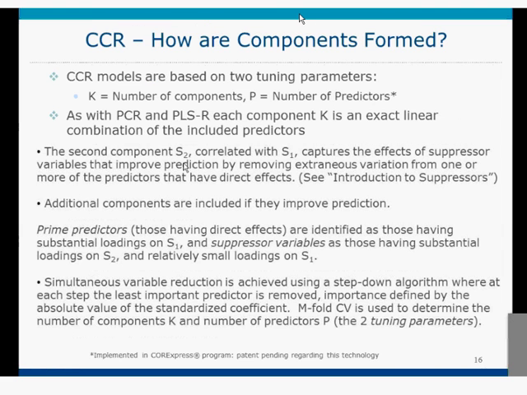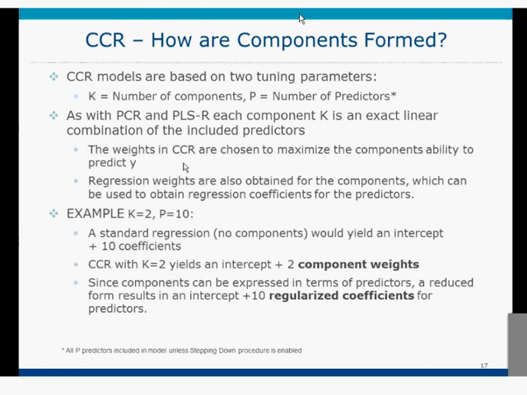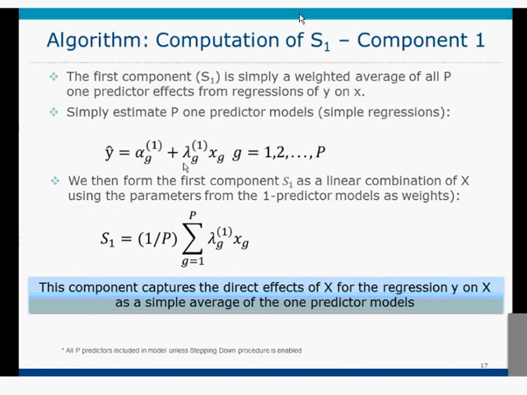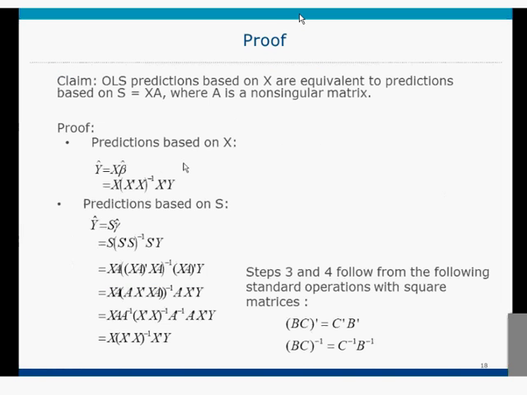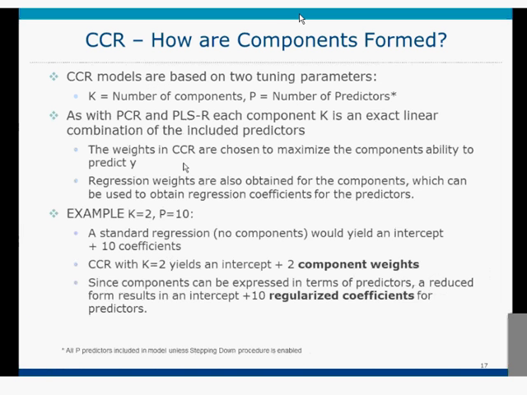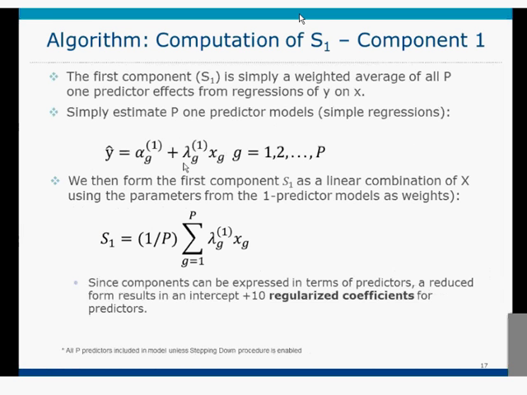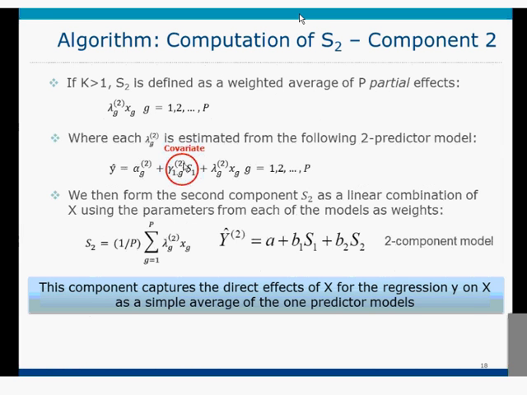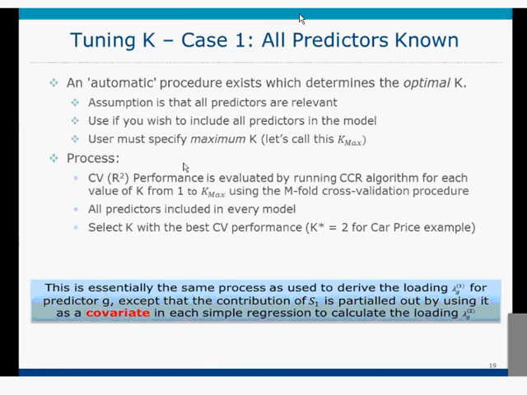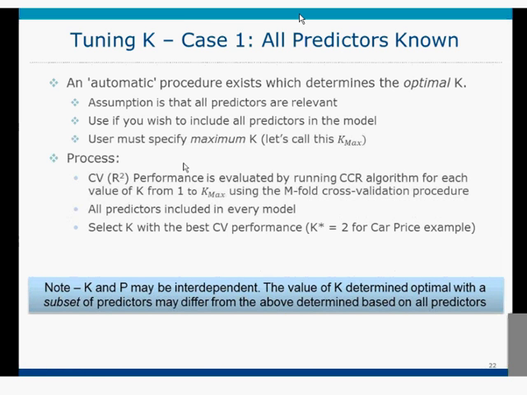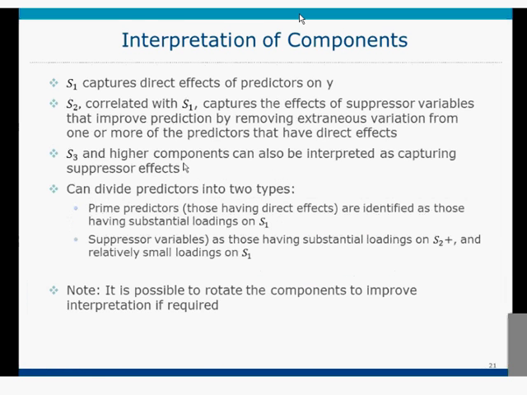So how do you get components? First we do a 1-component model that just has S1 in it. And then we do a 2-component model which has two components in it.